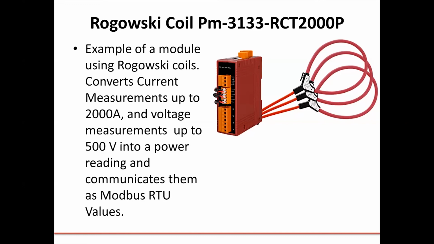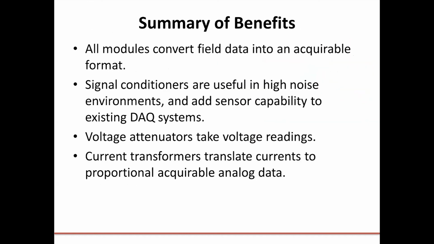Also, it provides 2-channel relay output, so you can link it with sirens or lights for easy alarm messages. These modules support Modbus RTU, Modbus TCP, or CANopen for easy integration with your data acquisition and SCADA network.